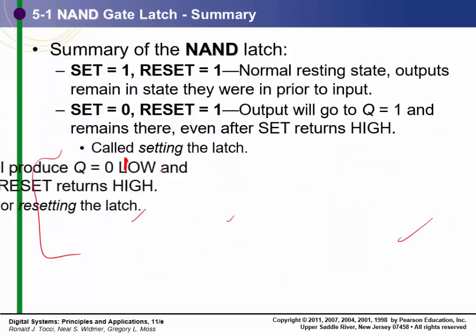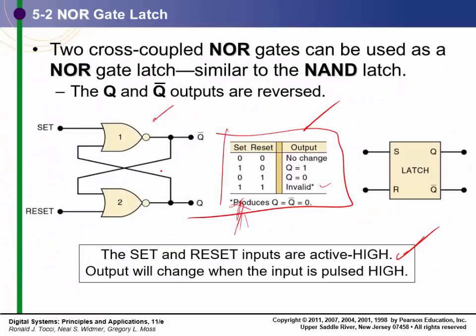The NOR circuit right here is active high. So they're both called SR flip-flops, but they're two totally different circuits. The NAND gate uses active low. That's when we went through in more detail. I'm used to doing the NOR first, that's why I'm a little off kilter here.